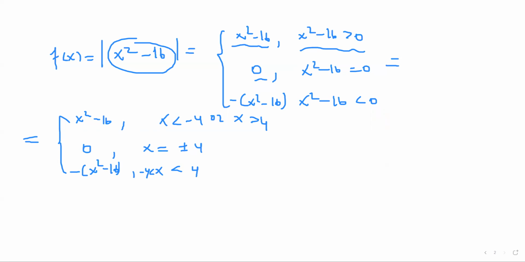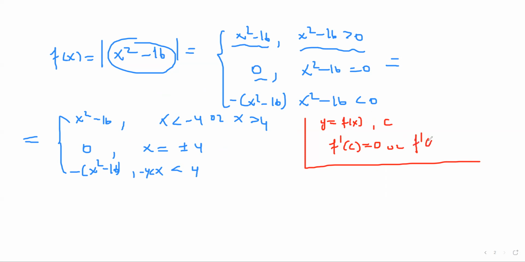Now, let's remember which points we call the extreme points of functions. If we are given y equals f(x), and c is a critical point, then at this point f'(c) should either equal 0 or f'(x) doesn't exist.